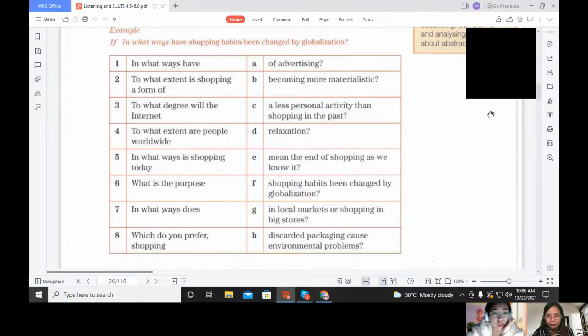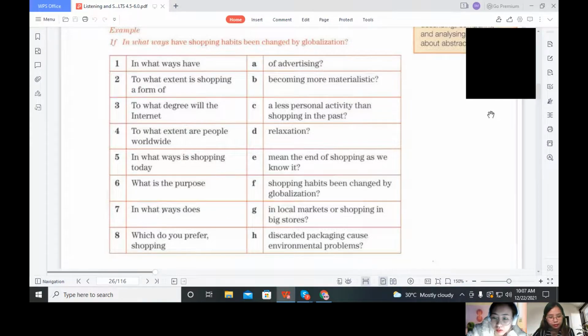So, to what extent is shopping a form of relaxation?